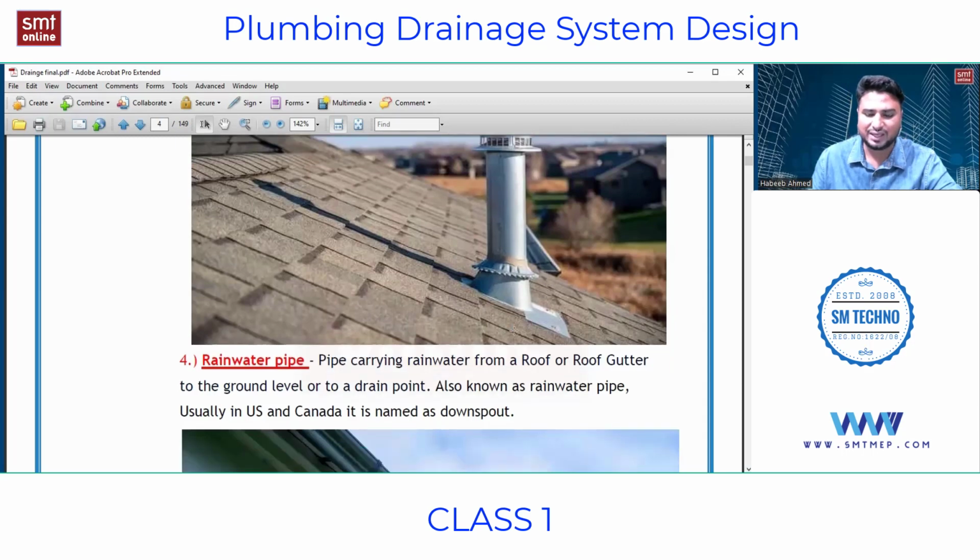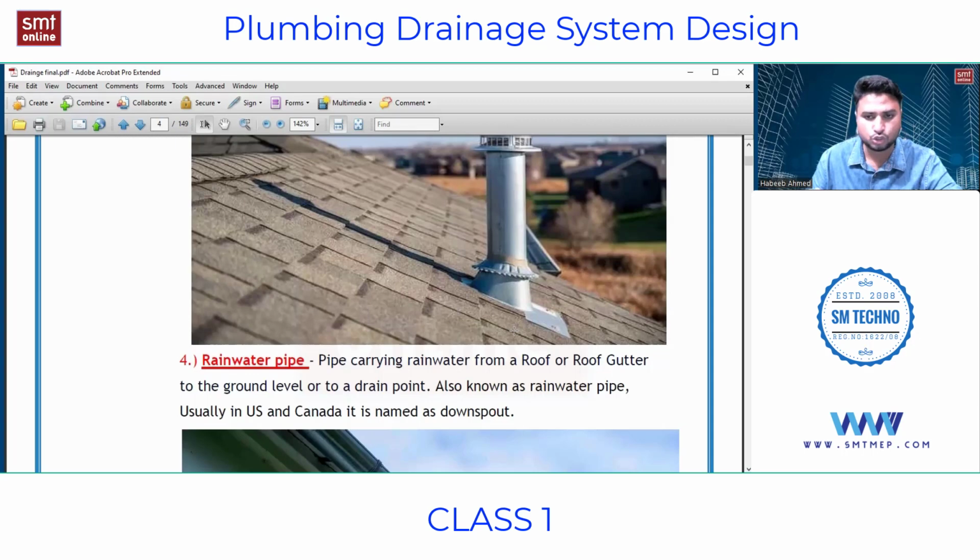Likewise, if it is incident on a flat surface area, then that water should also be removed. How that process would be done we'll be studying in later classes, but right now rainwater pipe is a pipe which is just to collect and transfer the water to the ground level.